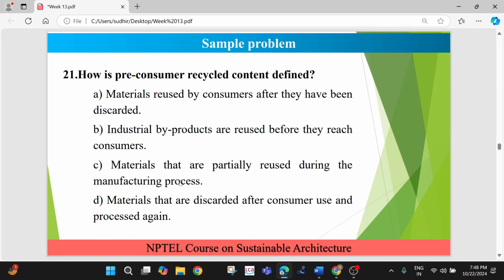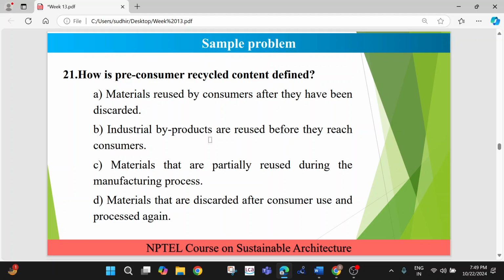Question number 21. What is pre-consumer recycled content? How is it defined? So last time we discussed this in detail, pre-consumer recycled content.